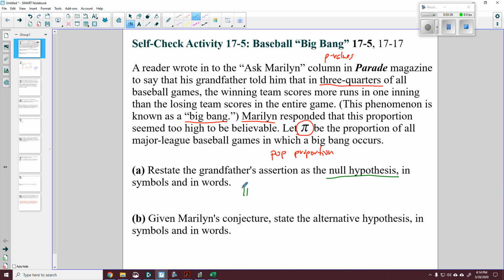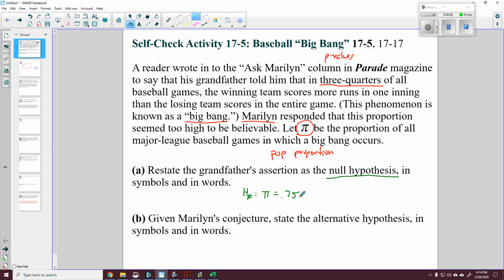So we say the null hypothesis, H sub 0, is that pi is equal to 0.75.